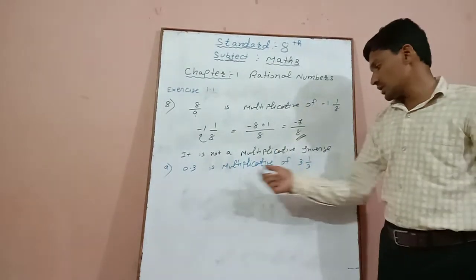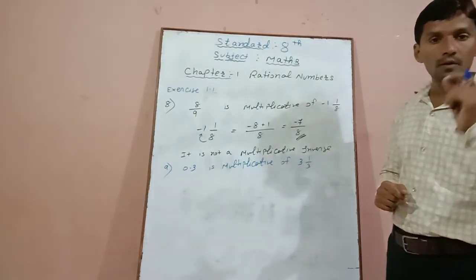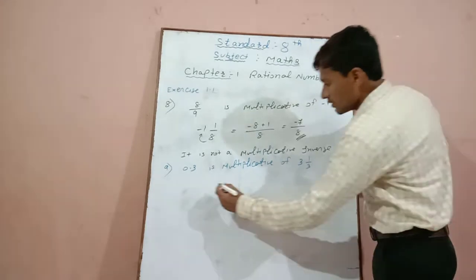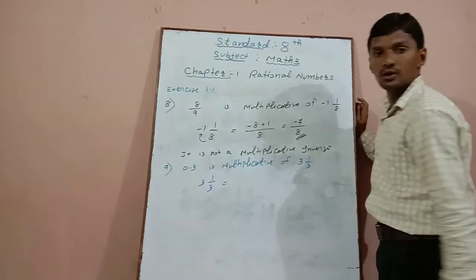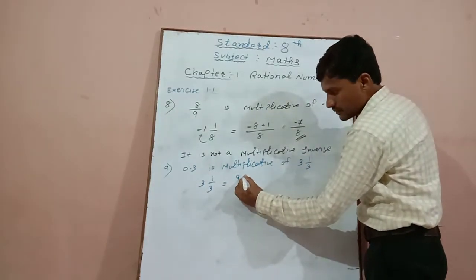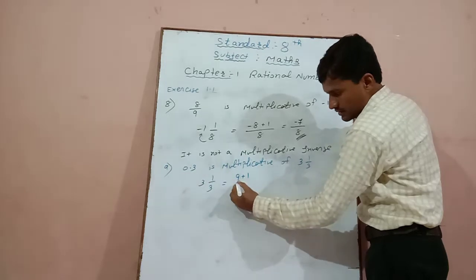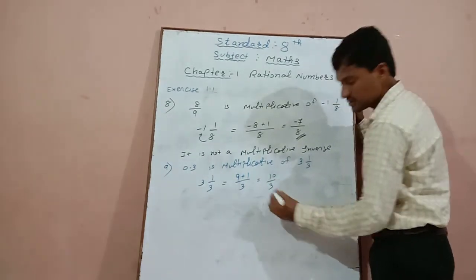Now first of all, again we have to convert this mixed fraction into a simple fraction. So converting, 3 1 by 3 is equal to 3 threes are 9 plus 1 divided by 3. So the answer will be 10 divided by 3.